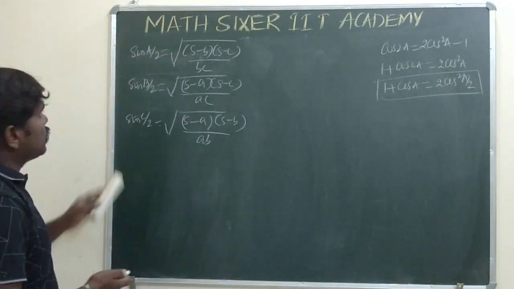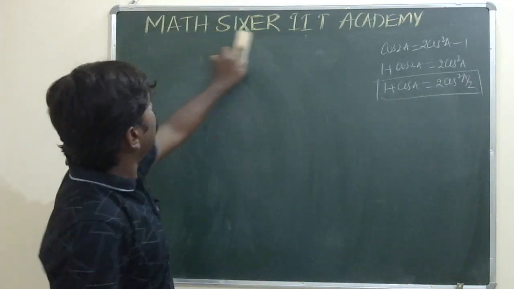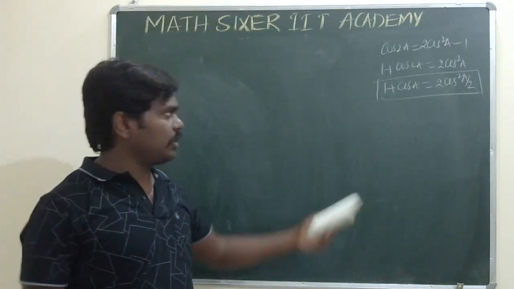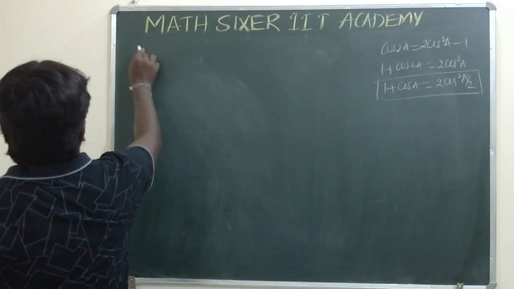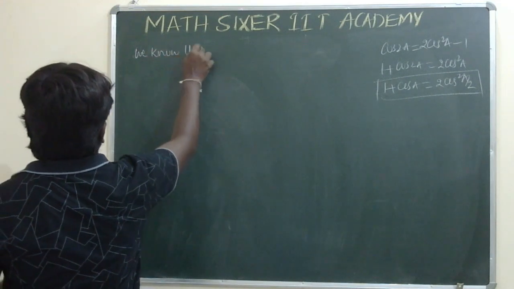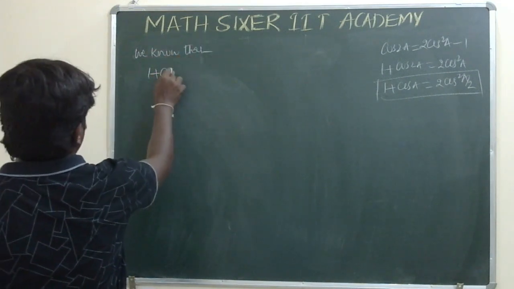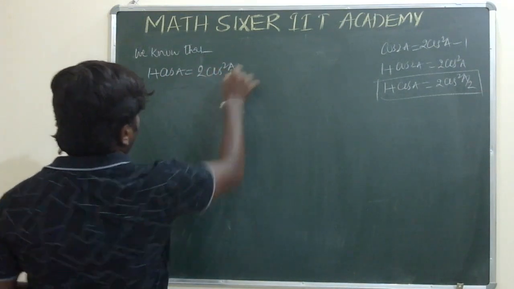Okay. So now here we are going to find the value of sin a by 2, cos a by 2, cos b by 2 and cos c by 2. So now here we know that 1 plus cos a is equal to 2 cos square a by 2.